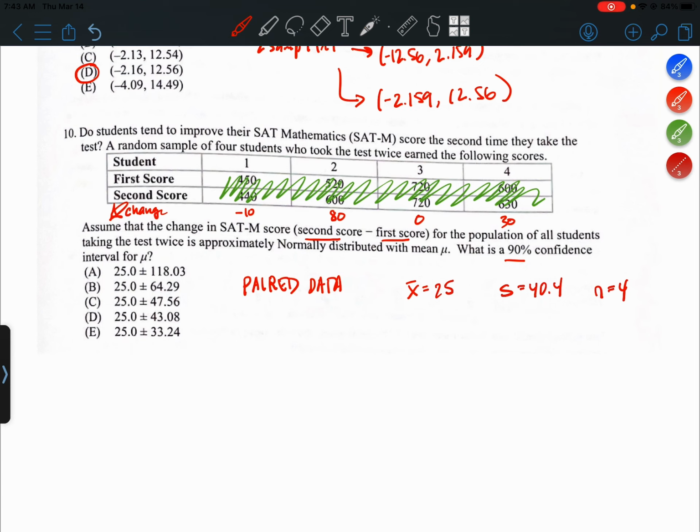So our confidence interval is a point estimate plus or minus margin of error. In this specific case, this is essentially a 1 sample t-interval for mu diff. I could actually write subscript diff on all these.